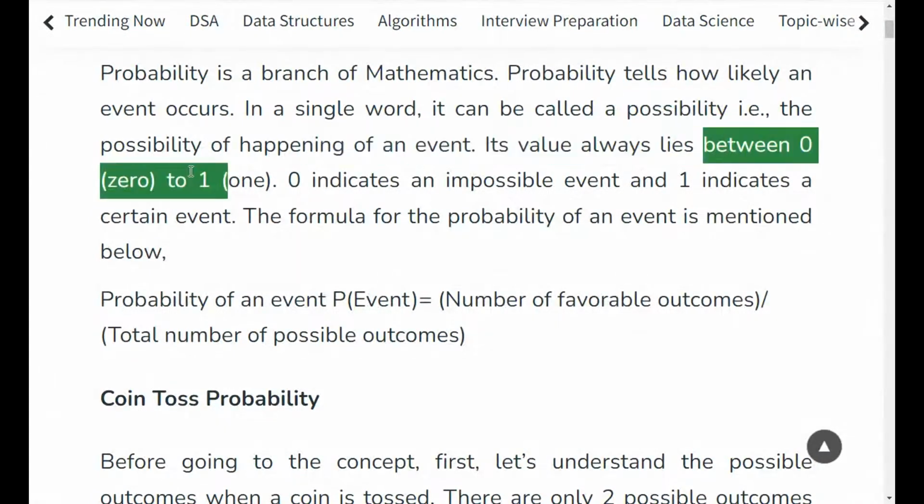And always it is between 0 and 1. It will be any fractional number. Probability will be represented between 0 to 1. It cannot be more than 1. So if it never happens, the value will be 0. If it is guaranteed that it will happen, the value will be 1.